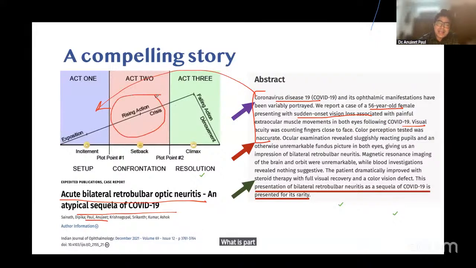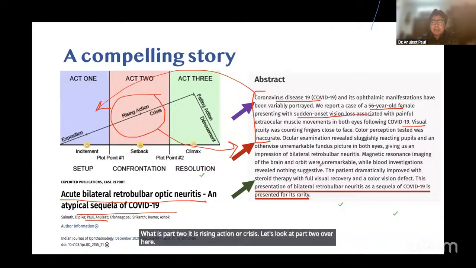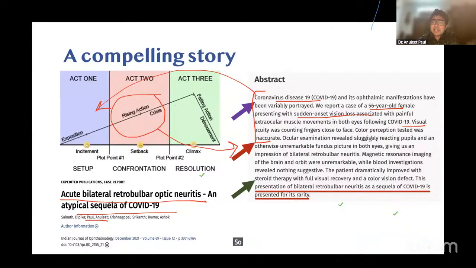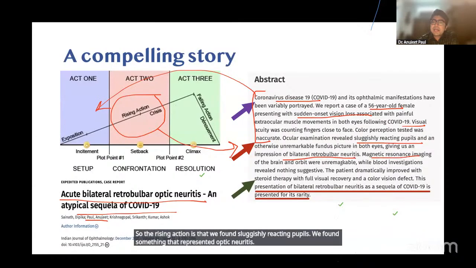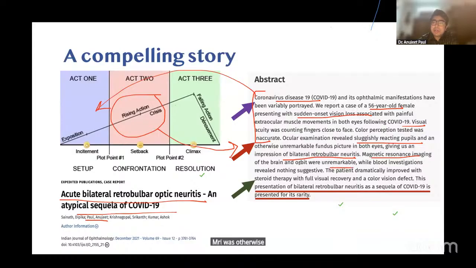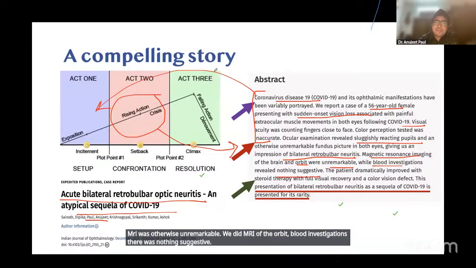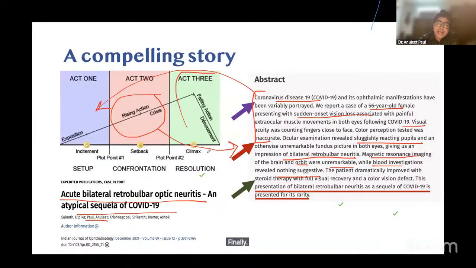What is part two? It is rising action or crisis. Let's look at part two over here. The rising action is that we found sluggishly reacting pupils. We found something that represented optic neuritis. MRI was otherwise unremarkable. We did MRI of the orbit. Blood investigations had nothing suggestive. Finally, we give the diagnosis in Act 3, which is the green portion of the article.